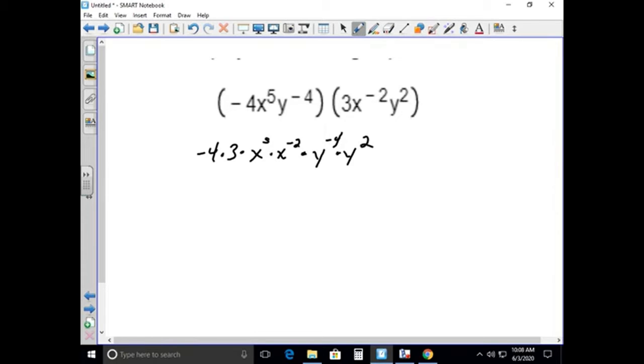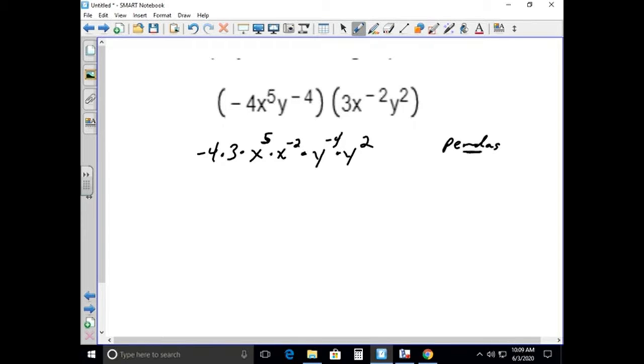If you like to get rid of your negative exponents first, that's perfectly fine. But let's go ahead and use our power rules, because once we combine our exponents, they may no longer be negative, so we might not have to move them. That's not completely necessary. There are a couple of different orders we can go in here, and part of that is because in order of operations, multiplying and dividing are of equal importance.